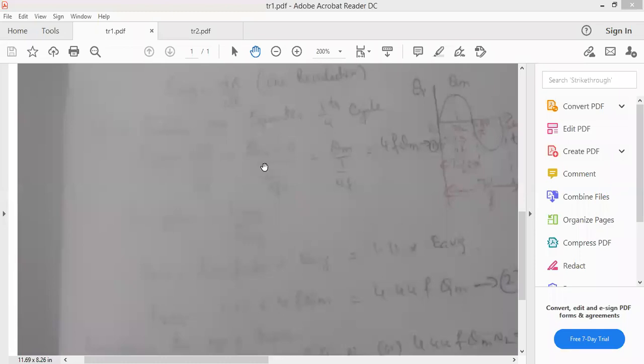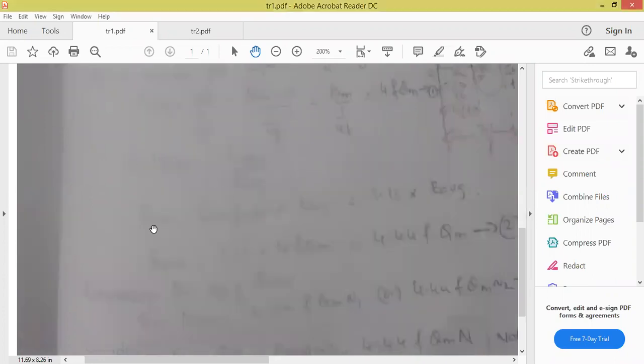So whenever I am transmitting electricity to one house, I should write the formula of form factor: RMS voltage by average voltage. The transformer transfers the RMS voltage from the primary winding to the secondary winding.